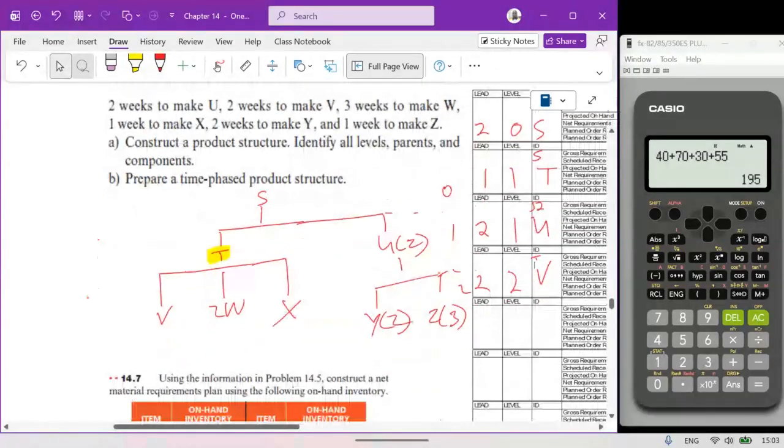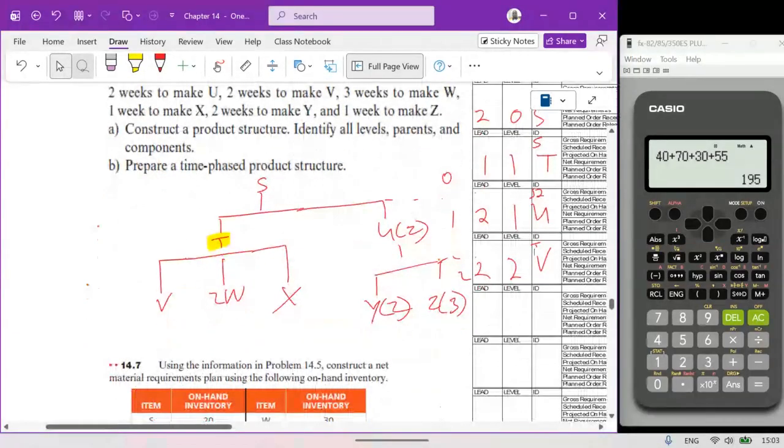Then we have W. W comes from T and it's times 2. And level 2. Lead time, oh, I must read at the top.